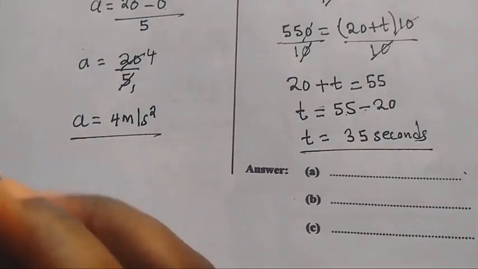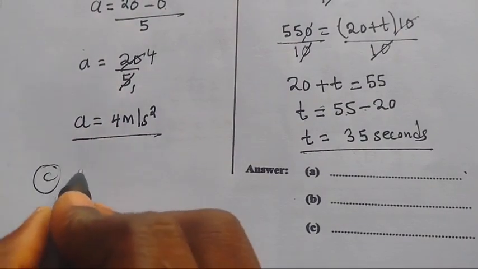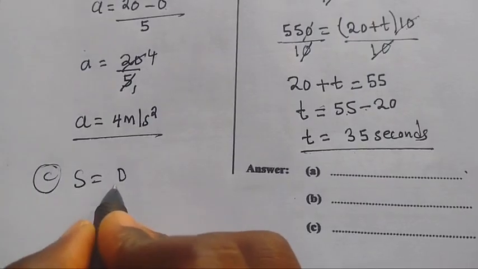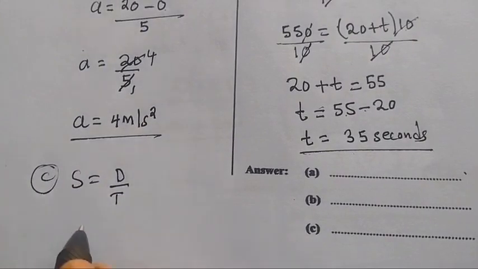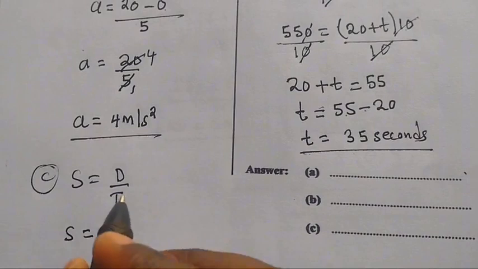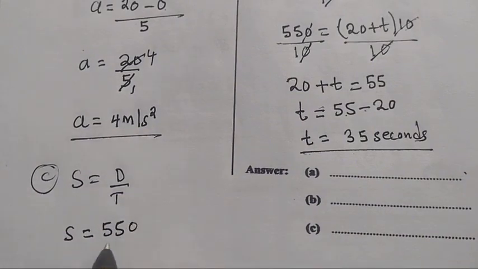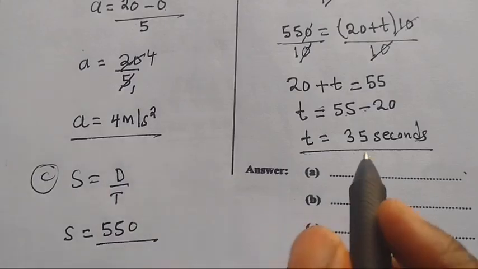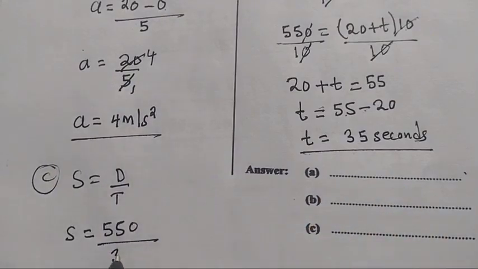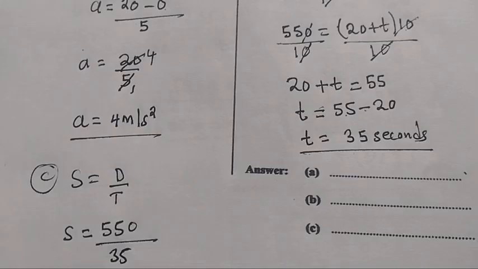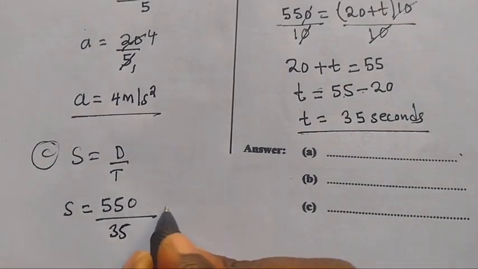So we are answering for C. Speed is equal to distance over time. They have told you that the distance for the whole journey was 550, over time, which is 35 seconds. Okay, so this is paper 1.